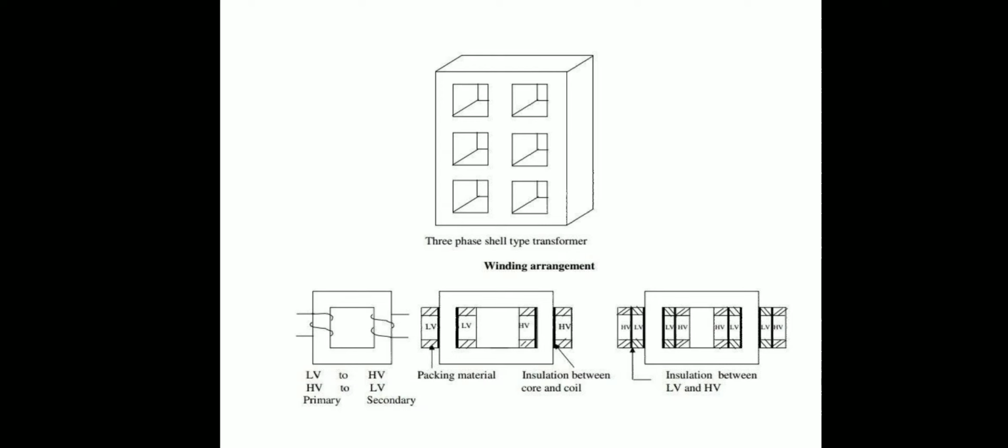Now let us go for winding arrangement. How will the winding be arranged? The first one, you can see, is LV to HV and HV to LV from primary to secondary. The second diagram will give you a clearer idea of packing the material.